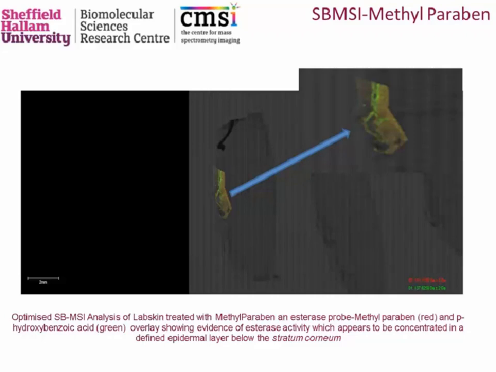We can locate the biotransformed compound, therefore we can confirm the presence of the esterase enzyme in the epidermal region of the 3D skin model. And again, this work is ongoing with a new PhD student starting to actually look for some of the other enzymes and can we extend this approach to detect the actual functionality of other enzymes in the skin.